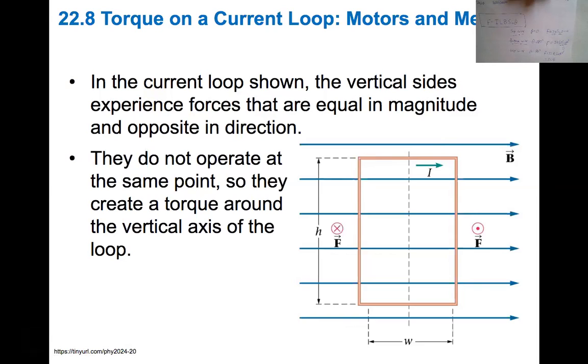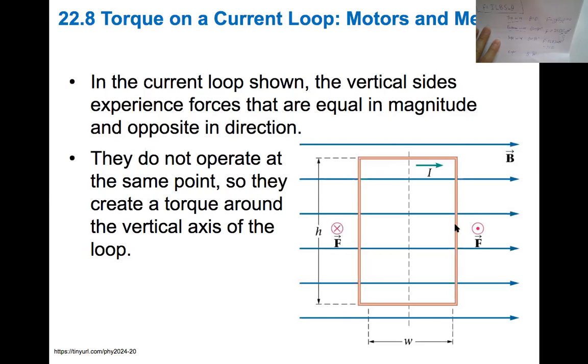On the right wire, theta is also going to be 90 degrees because the current here goes downward, as you can see in the PowerPoint, and the B field is going to the right.